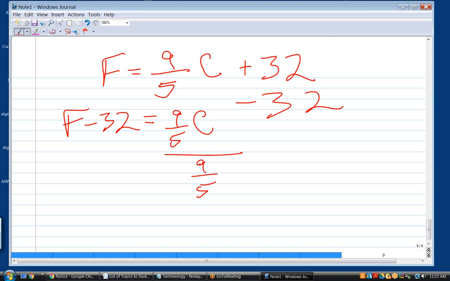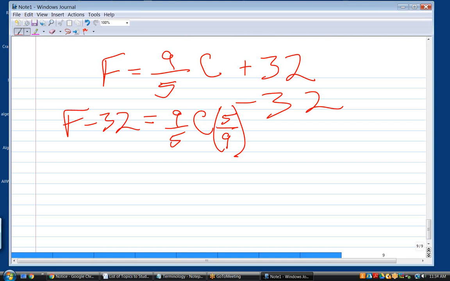The shortcut? Just multiply by the reciprocal. So it'd be 5/9. Yeah. So this is one case where it's being multiplied by a fraction, and I'm telling you to multiply by the reciprocal.